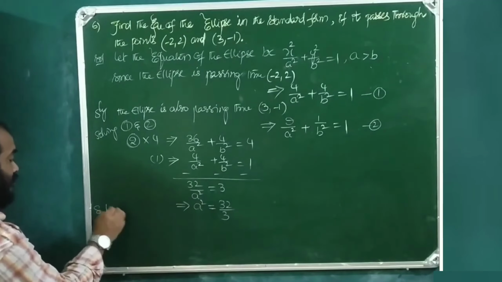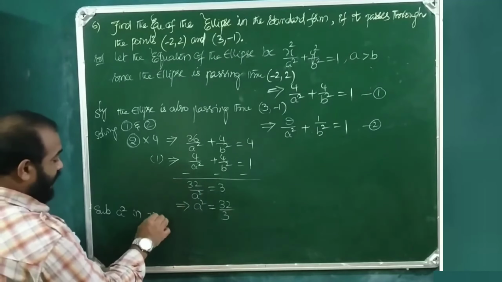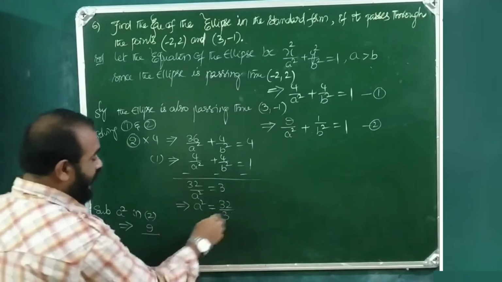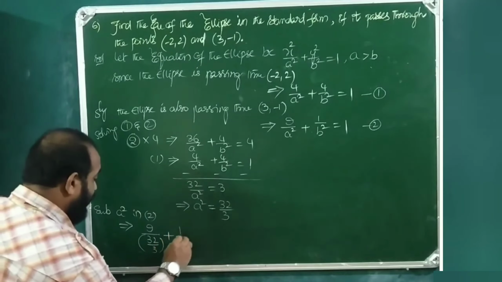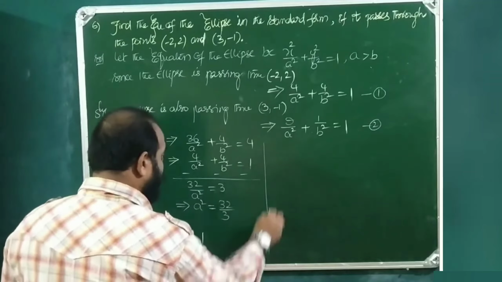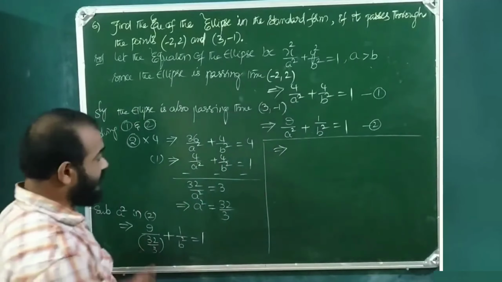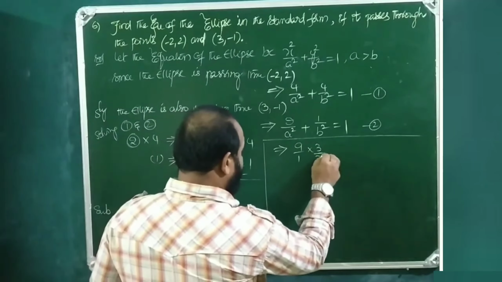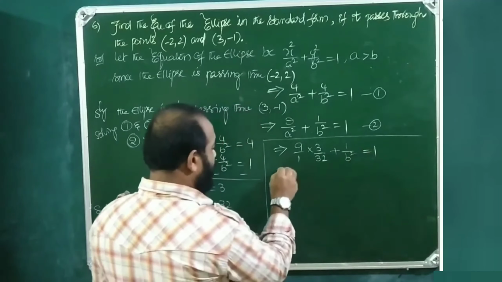Substituting a square in the second equation, we get 9 by a square, which is 32 by 3, plus 1 by b square is equals to 1. This is 9 by 1 into 3 by 32, plus 1 by b square equals to 1.